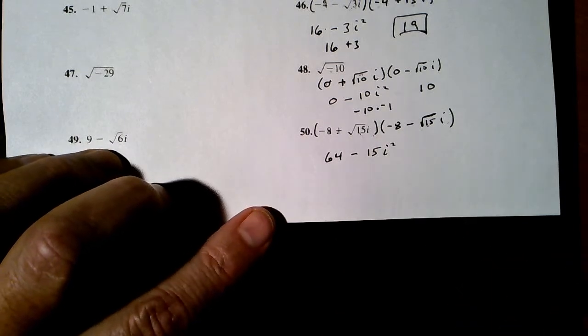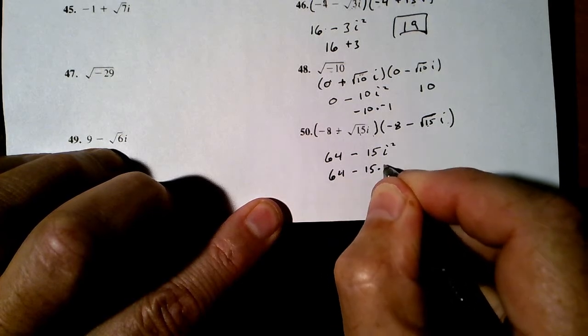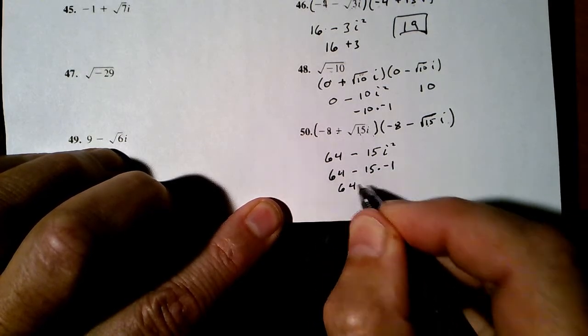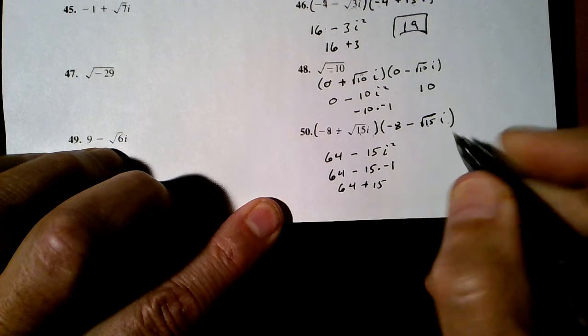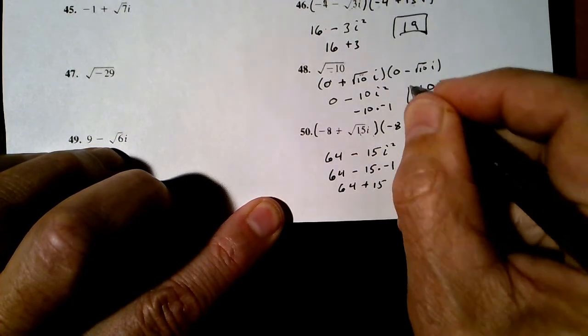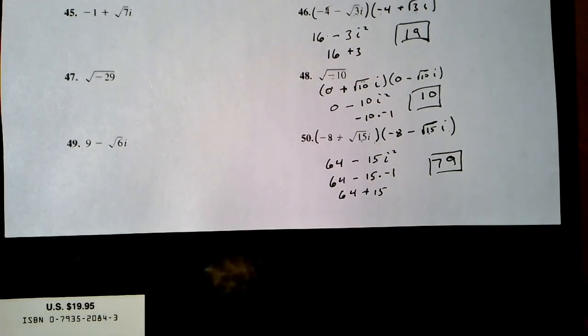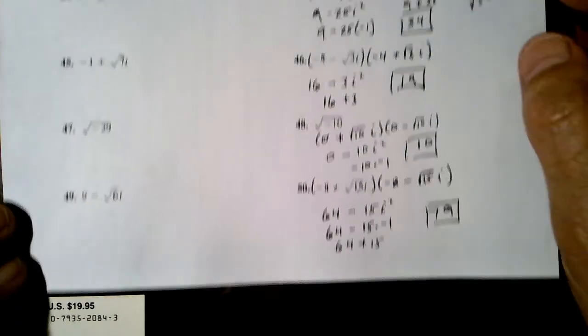Conjugates cancel. So this becomes 64 minus 15 times negative 1, 64 plus 15, 79. So that assignment is probably going to take you less time than what it took me explaining it.